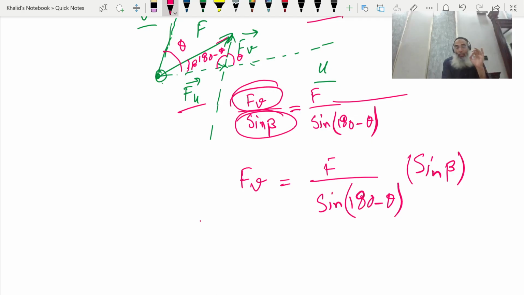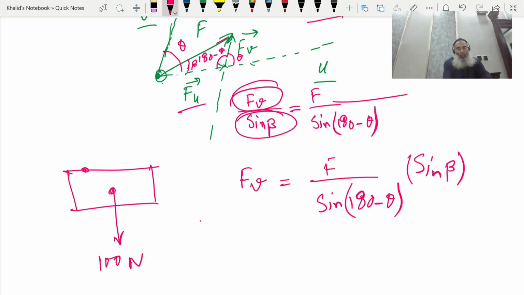So this is the method by which we can resolve a single force into components, just to see what load is being shared by each component. For example, here is a picture hanging on the wall, and its weight is 100 Newton.